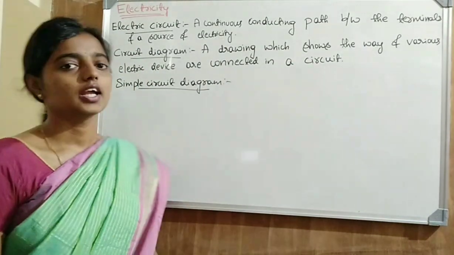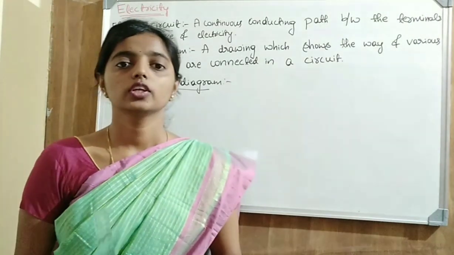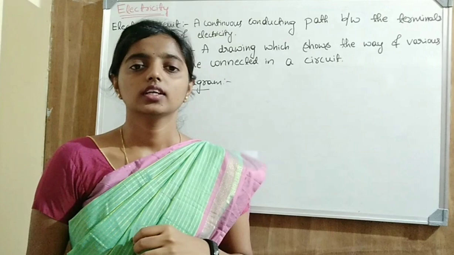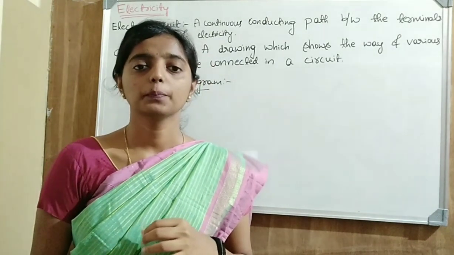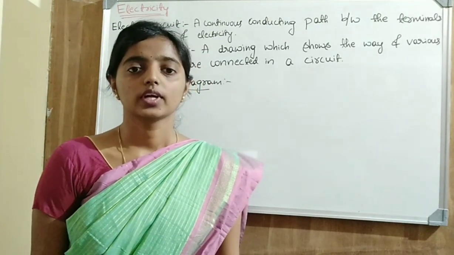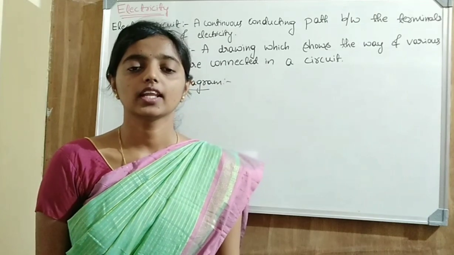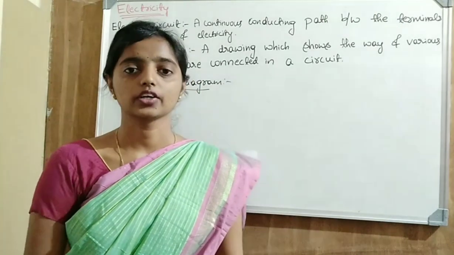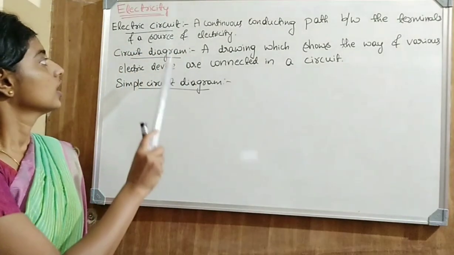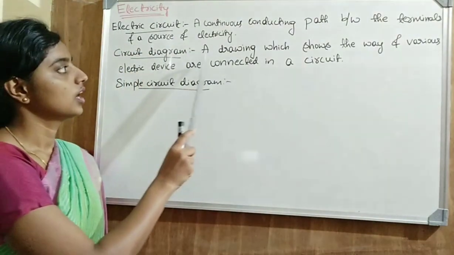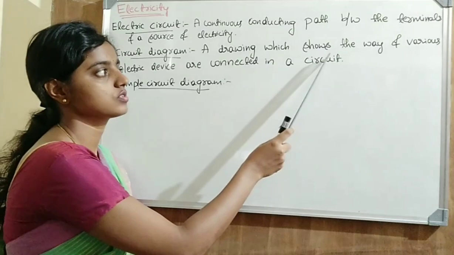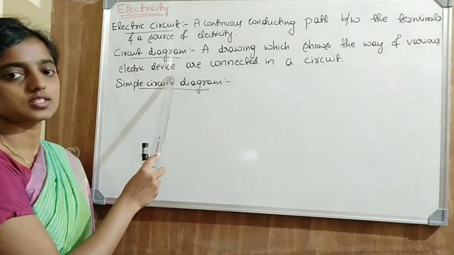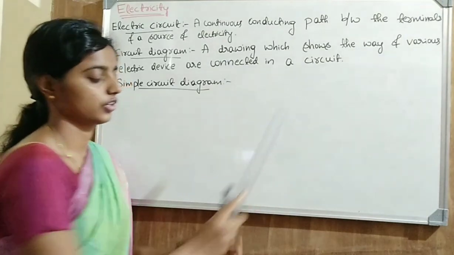Whenever we study electric circuit, we need to know what is electric diagram also. Electric diagram is nothing but a picture where we can see which different electric devices are connected to build up the circuit. So, circuit diagram is a drawing which shows the way various electric devices are connected in a circuit.